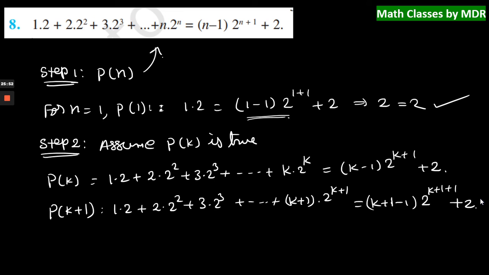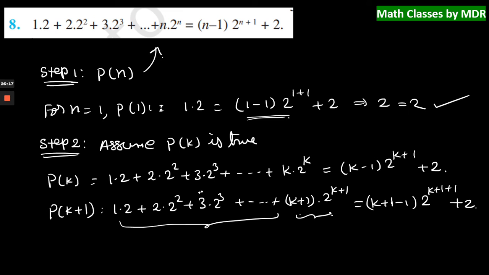This is the sum of the k plus 1 terms for any positive integer value of k. Now let us simplify it. First you have to take the first k terms of this series. Obviously it has one term more than P(k), because k plus 1 terms you have taken. So first k terms plus we will be left with the last one term.